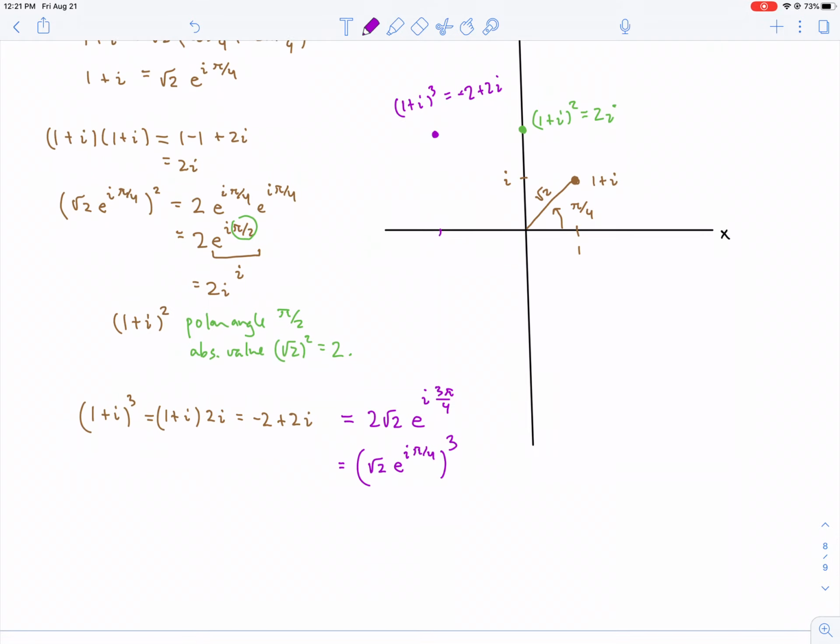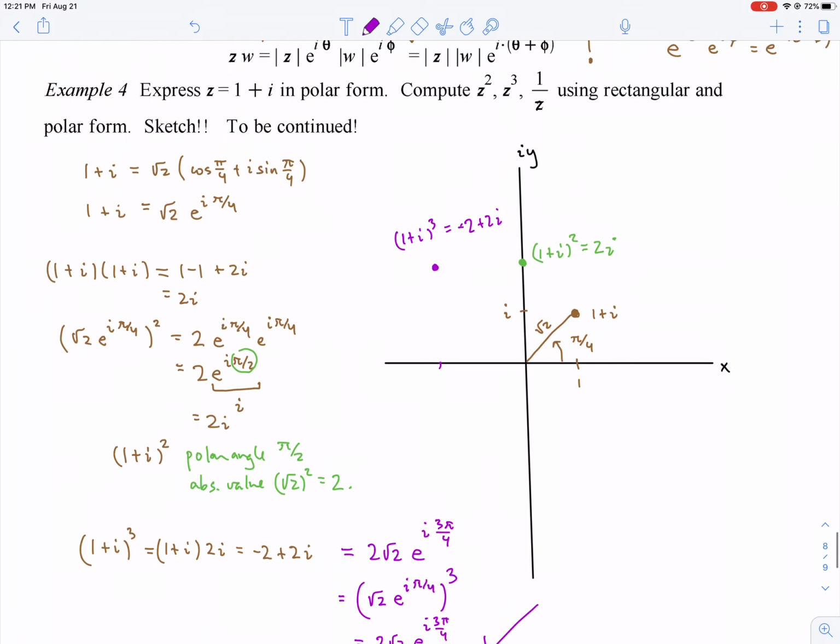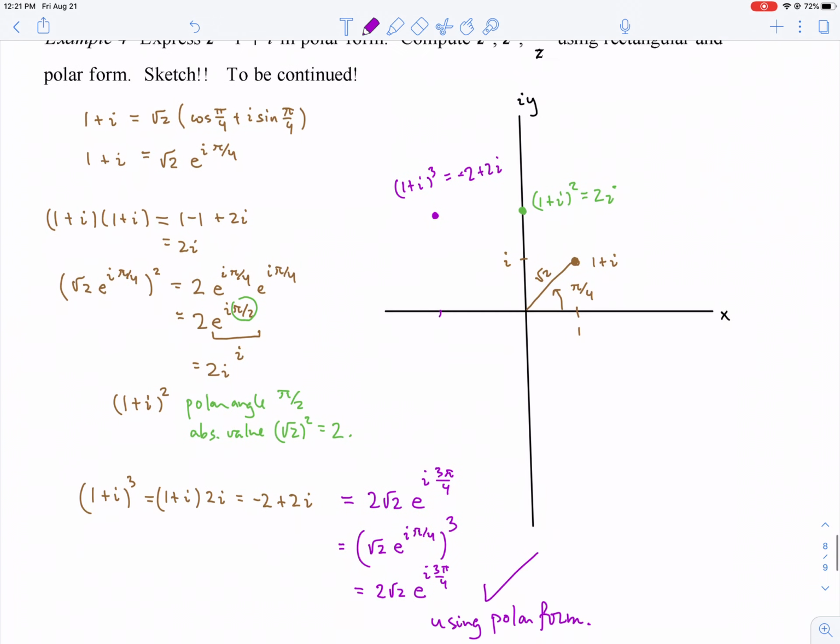The modulus of the product would have been root 2 cubed, which is 2 root 2, and e to the I pi over 4 times e to the I pi over 4 times e to the I pi over 4 is e to the I 3 pi over 4. So using polar form gives us the same thing.